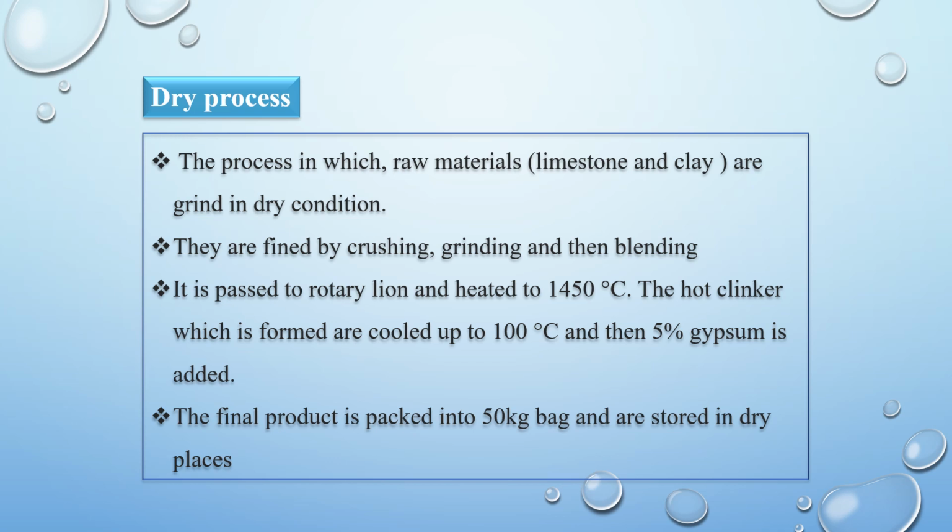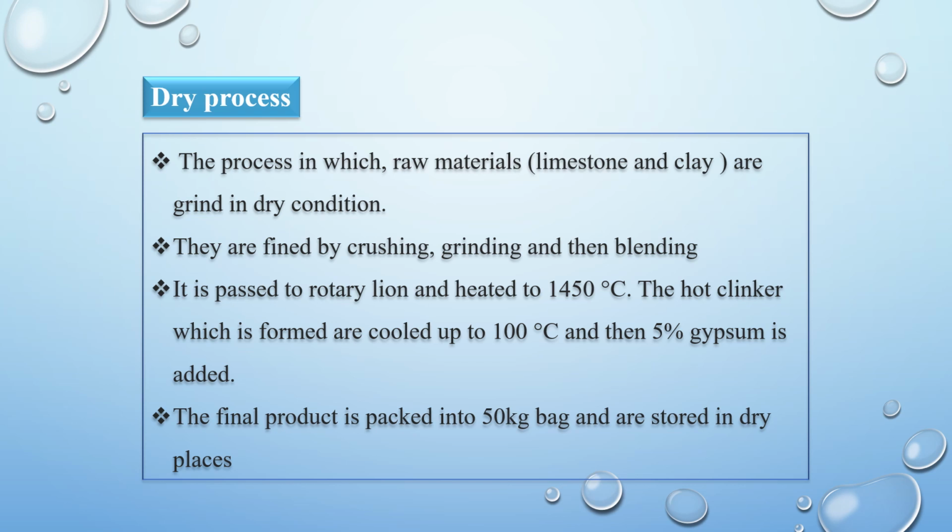What it means, students, is that in this slide, he just summarized the dry process. He said that in the dry process, we grind the raw material in dry condition and then crush it, grind it and blend it to homogenize the raw material.